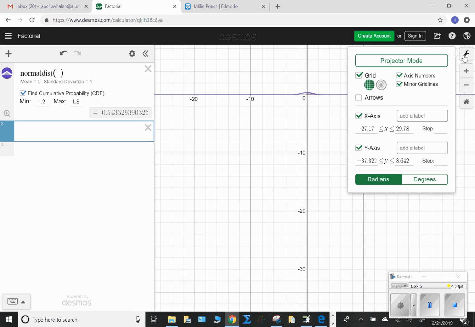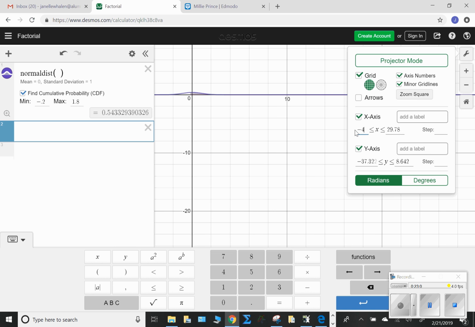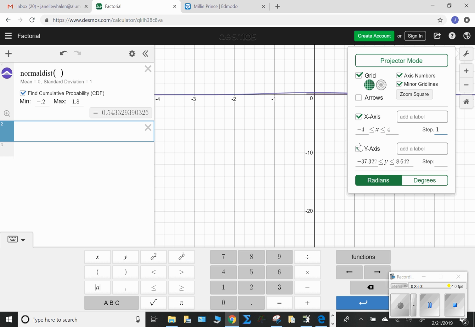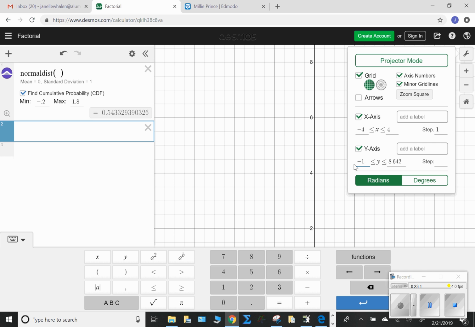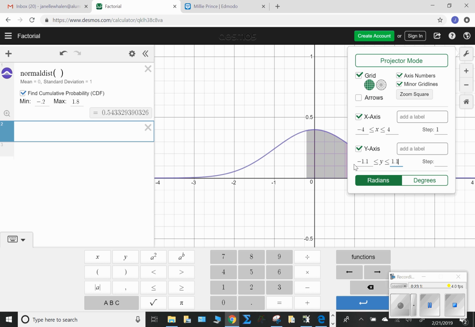Graph settings. That's it, graph settings. So if I say that I want x to go from negative 4 to 4 by 1s, and I want the y-axis to go from negative 1.1 to 1.1, in steps of 0.1.